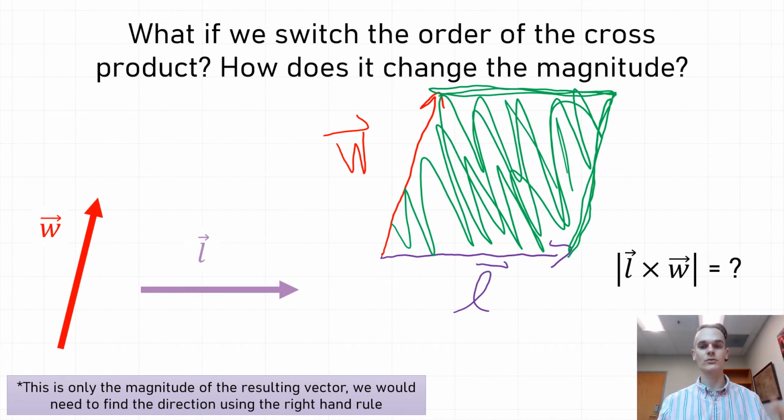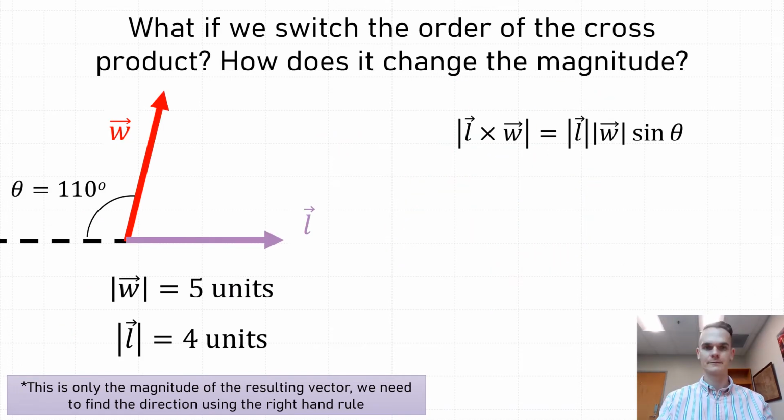So at least as far as the magnitude of the cross product goes, the magnitude of vector L crossed with vector W is equal to the magnitude of vector W crossed with vector L. We've demonstrated that the graphical representation of the magnitude of the cross product does not change when the order of the cross product changes, but drawing things out is always a little bit imprecise.